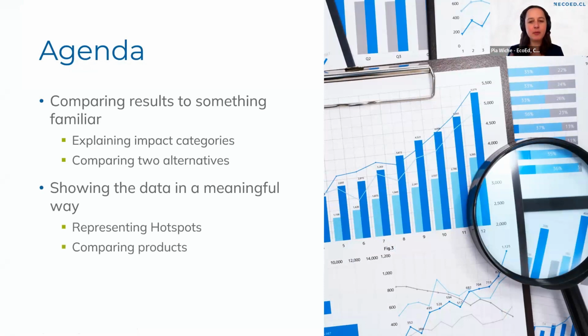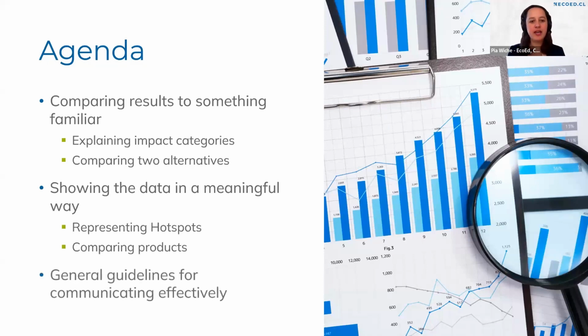Then we're going to be seeing a couple of ideas on showing data in a meaningful way, especially when representing hotspots and comparing products, and some general guidelines for communicating effectively. And that's some of the learnings that we've had over the years to really get this message across.